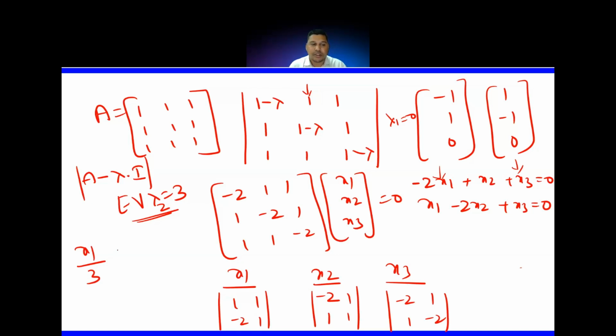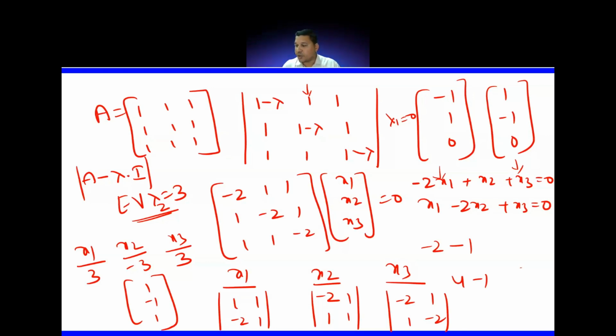For x2, minus 2 minus 1 is minus 3. For x3, minus 2 into minus 2 is 4, minus 1, which is 3. So you get 3, minus 3, 3. If you generalize it, you can divide by 3. You get the eigenvector as 1, minus 1, 1. Did you get this? 1, minus 1, 1 for lambda equal to 3.